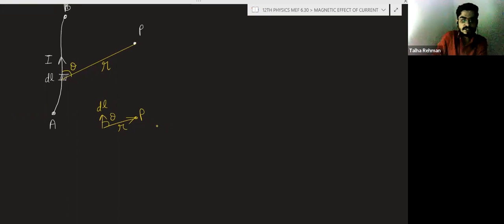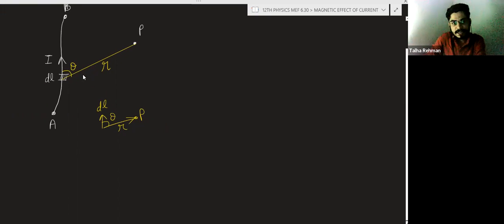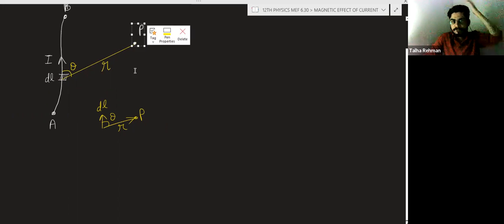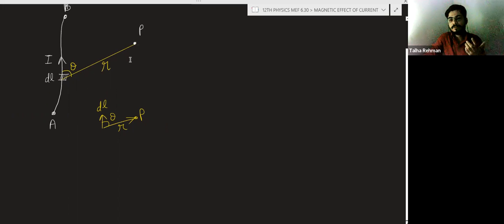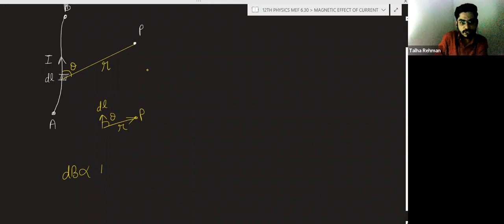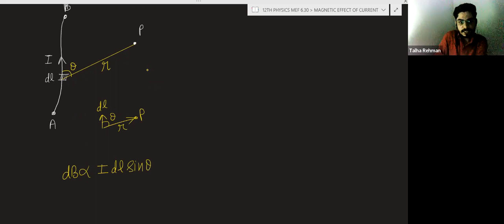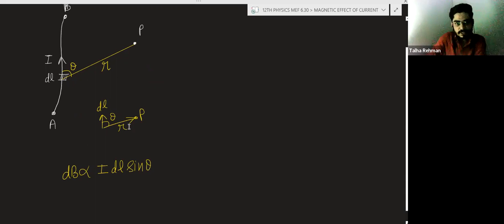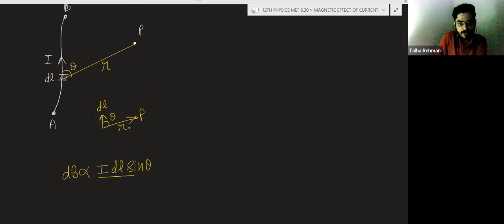This element of the wire is small, so the magnetic field due to this small element at a general point at a distance r will also be small. The small magnetic field dB is directly proportional to the current flowing in the wire, the small elemental length of the wire, and sine theta, where theta is the angle between dl and r, divided by r square.